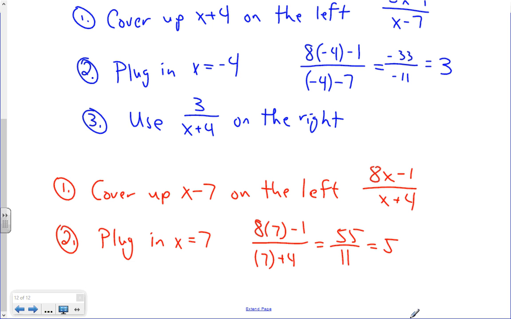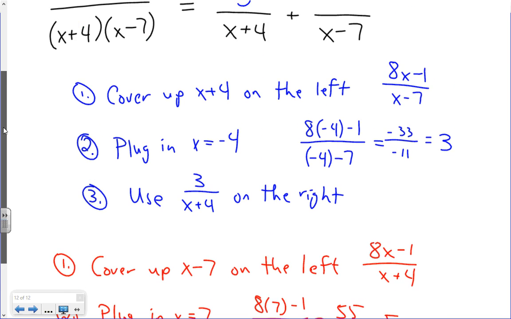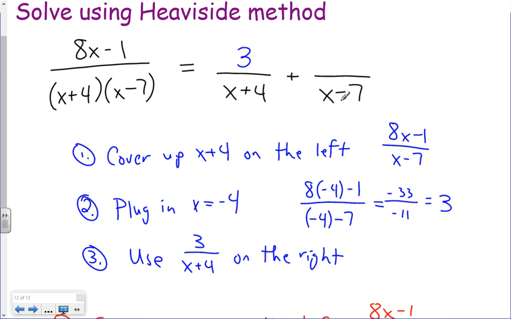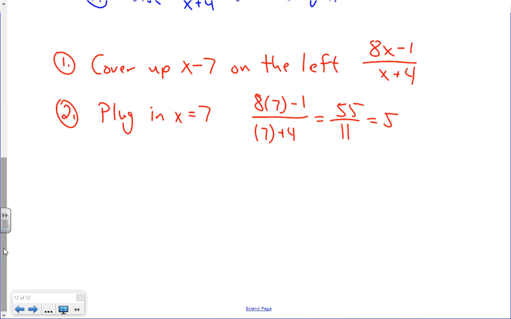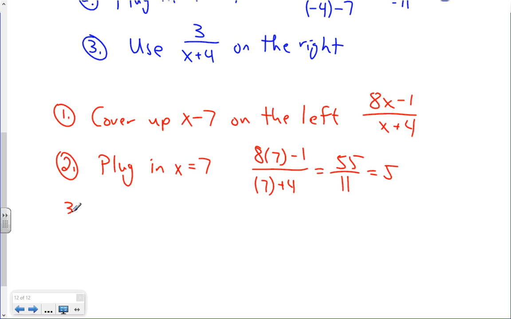And check that out, that right there is the numerator for the x minus 7 term. So we use 5 over x minus 7 on the right.